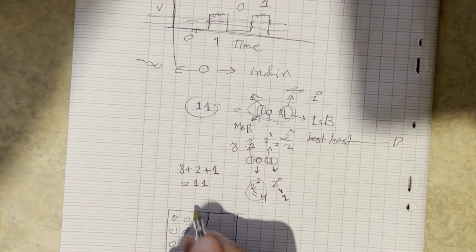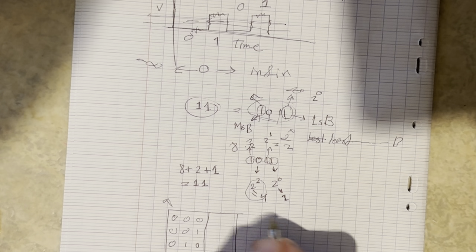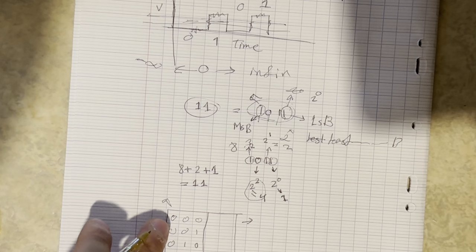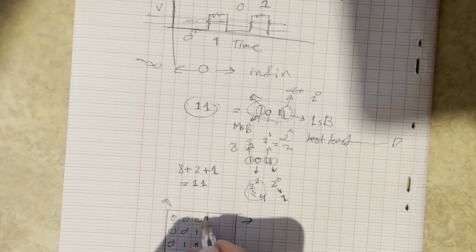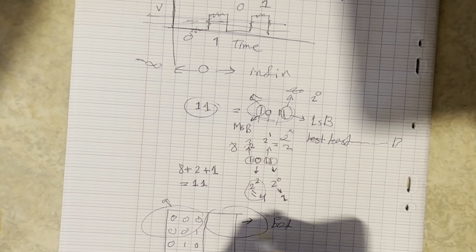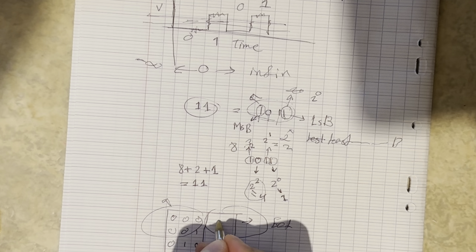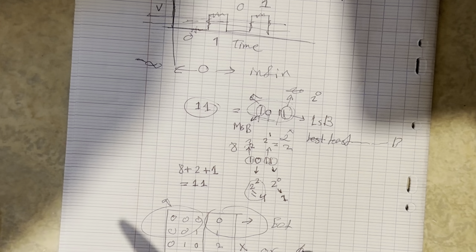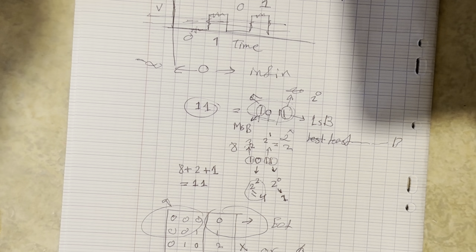Here we have entries and we have an exit. Almost always, I would say always, the left side is the entry and the right side is the exit. In the truth table we would have, for example, 0 1 2 3 4, but sometimes there's an x, or null, or doesn't exist.